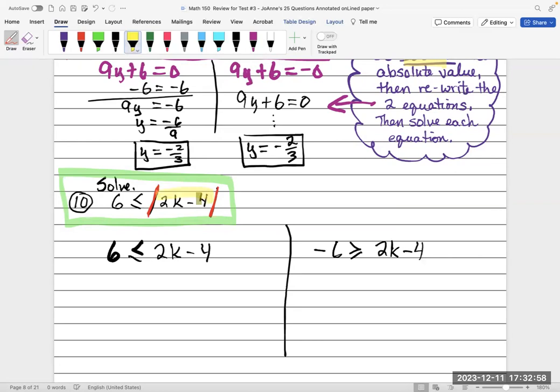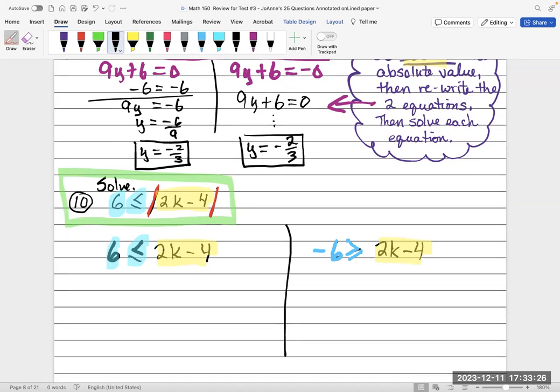Notice that what is in the parentheses remains the same. The inequality stays the same when the number stays the same. And the inequality changes direction when the value of what's on the opposite side of your absolute value is made negative or changes sign. All right, now I have these two equations.